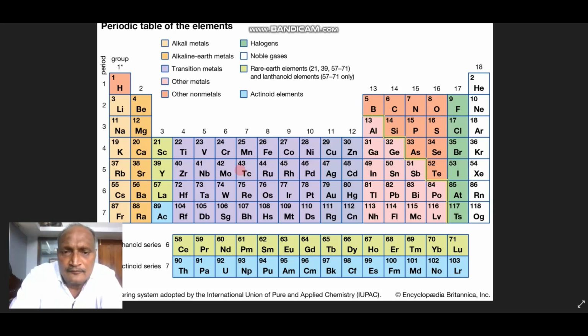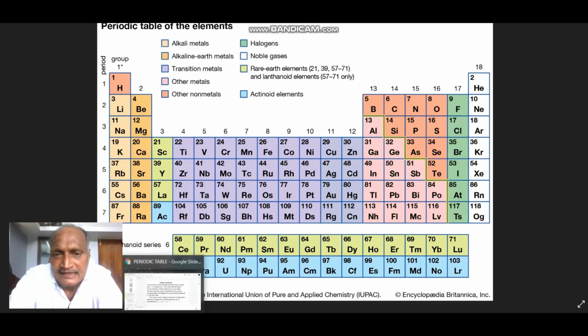These are the 4 series, called 3d, 4d, 5d and 6d series, depending upon whether the valency electron enters into the 3d subshell, 4d subshell, 5d subshell or 6d subshell respectively.